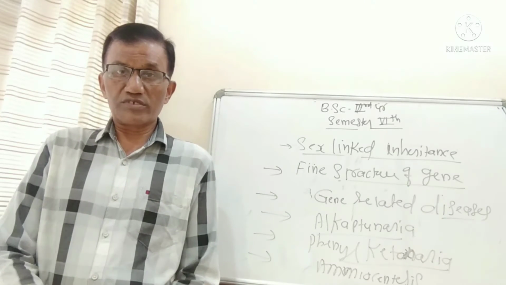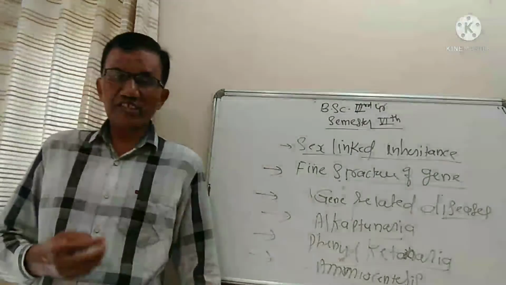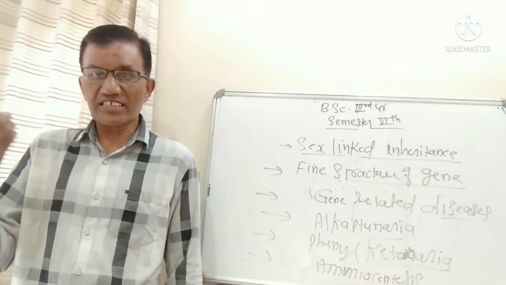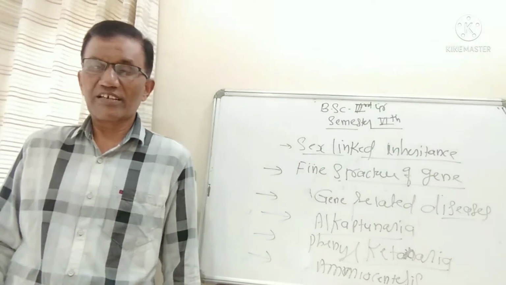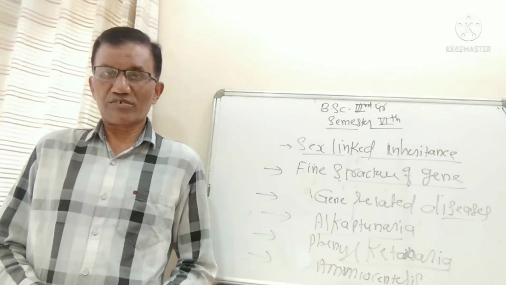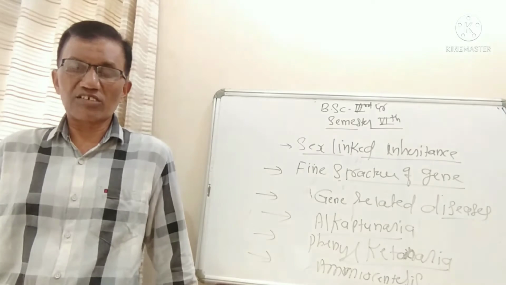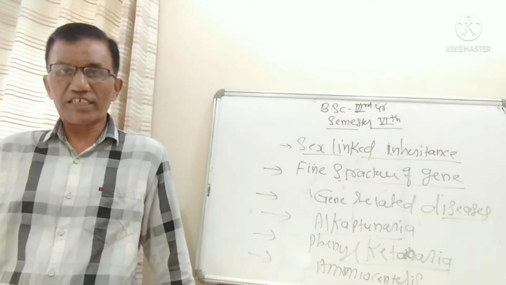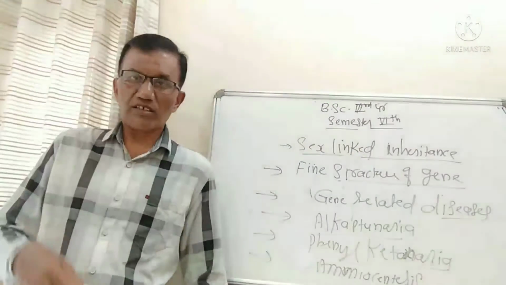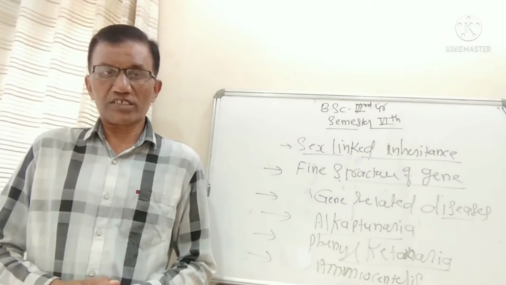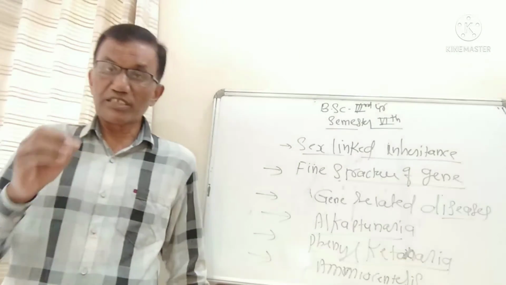Just remember what is meant by recombinant DNA technology: how a desired gene is isolated from a particular organism, and how it is introduced into another organism using techniques, forming a new circular DNA molecule having the foreign DNA. That technique is known as recombinant DNA technology. Then gene cloning: what the different steps are, why it is known as gene cloning, and what is meant by gene cloning.